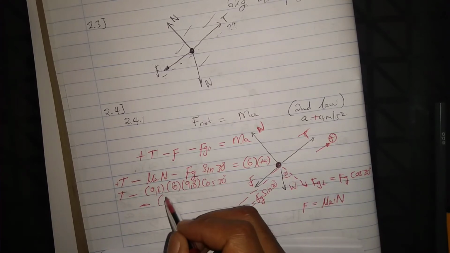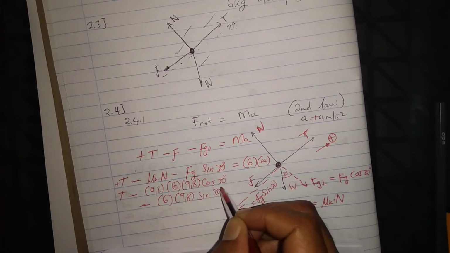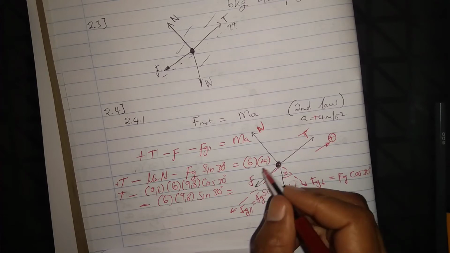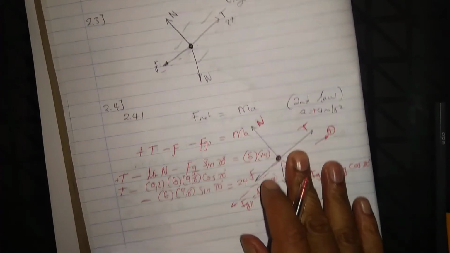Now we have 6 times 9.8 sine 30 degrees equal to 6 times 4, which is 24.